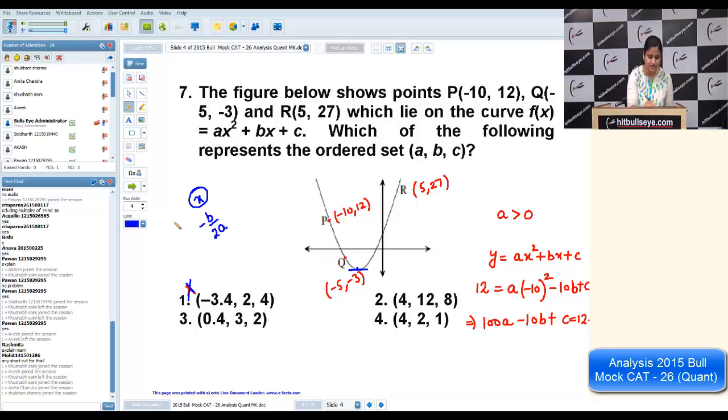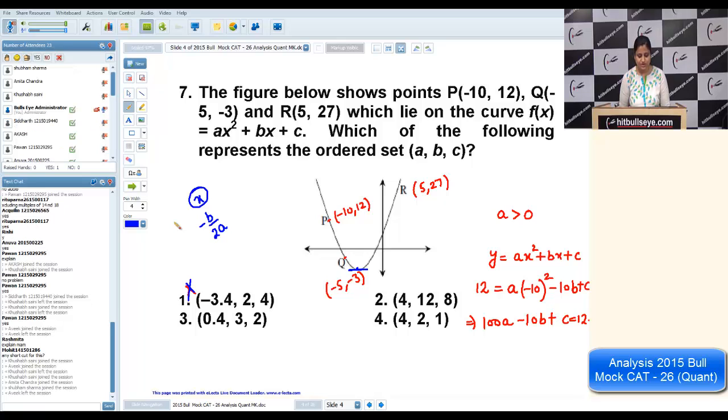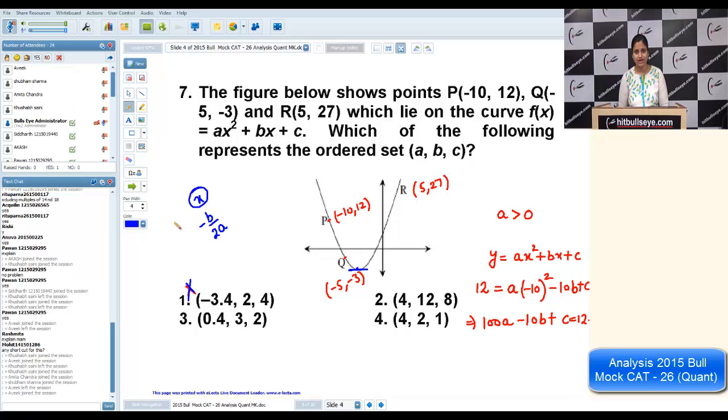So if we take all the options one by one and calculate the value for this lowest point, and Q's coordinates minus 5 and minus 3 are given, it means this height should be more than 3 and this thing should be less than 5 units. Now by calculating minus b by 2a, we can manipulate that.